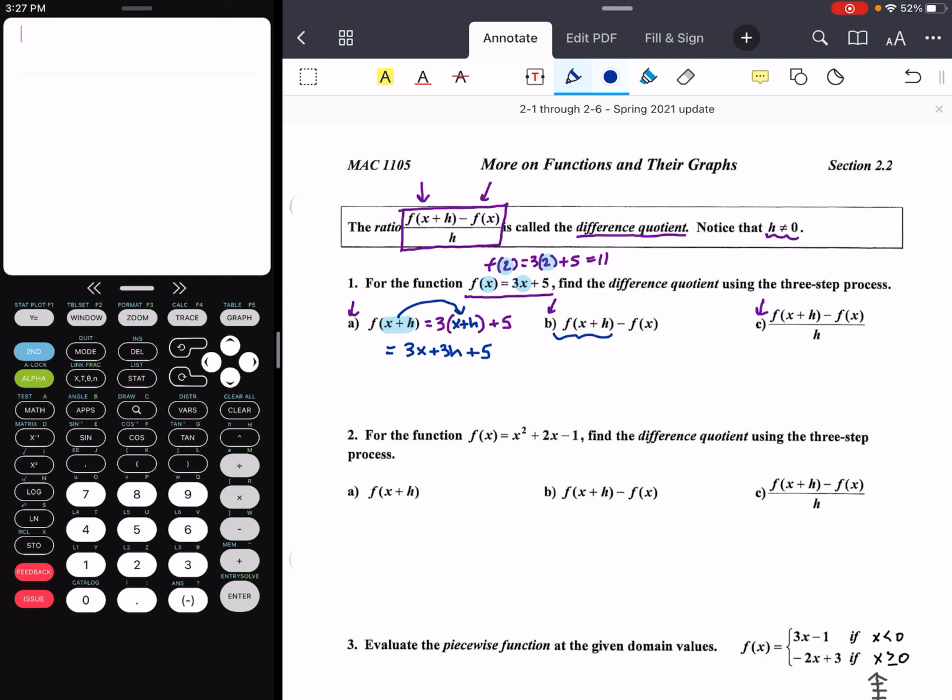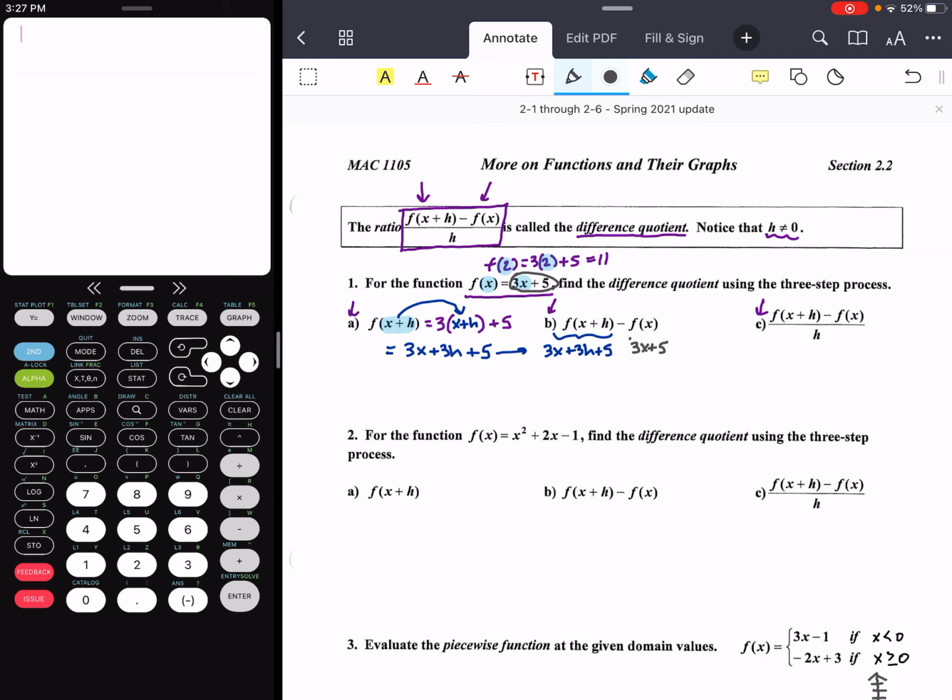This part, f of x plus h, just comes from part A, so I'm just going to copy this down: 3x plus 3h plus 5. And then where it says minus f of x, I know that f of x, my function, is 3x plus 5.